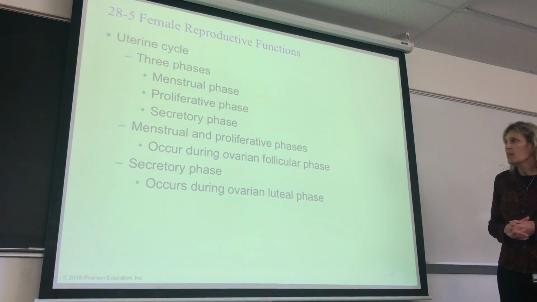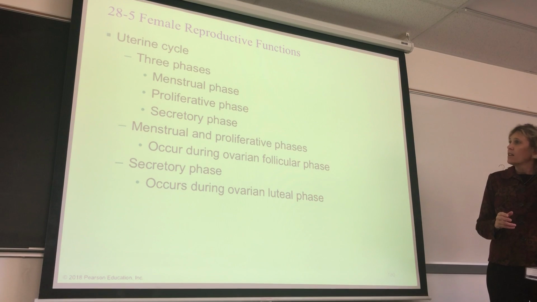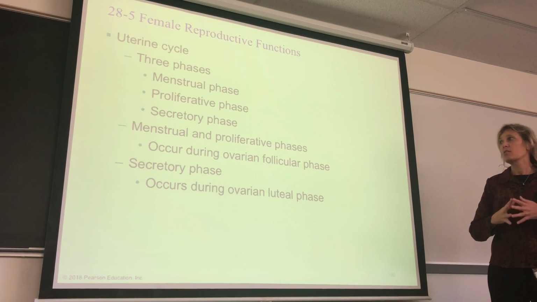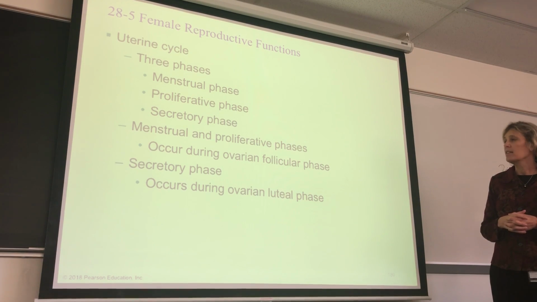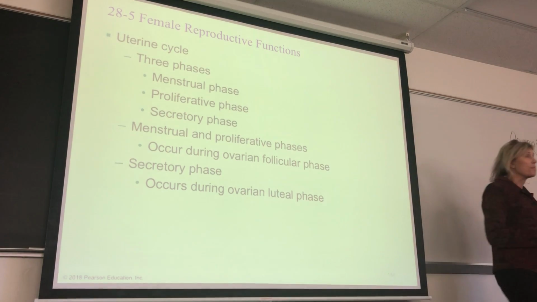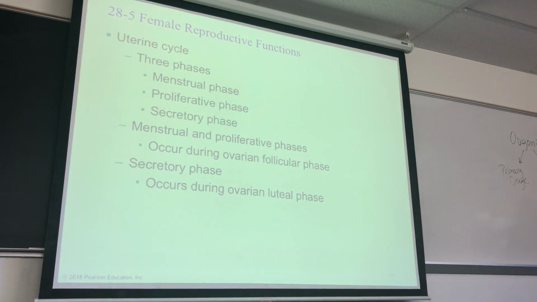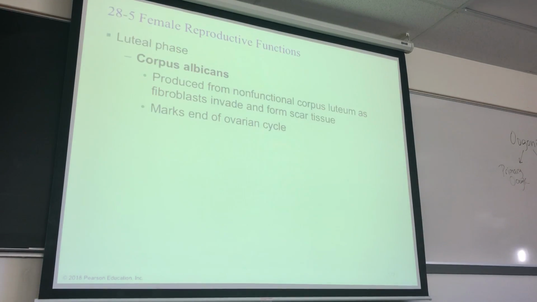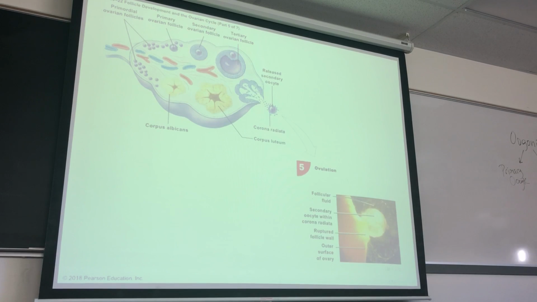Okay? So during the menstrual phase, she's shedding off the uterine lining, the endometrial lining, and it's beginning the ovarian follicular phase. So go back and look at this, because I don't know that I actually told you the names of it.